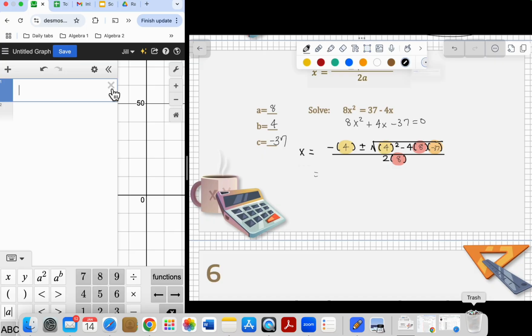So -4 plus or minus the square root of 16 minus, and then I'm going to multiply -4 times 8 times -37.